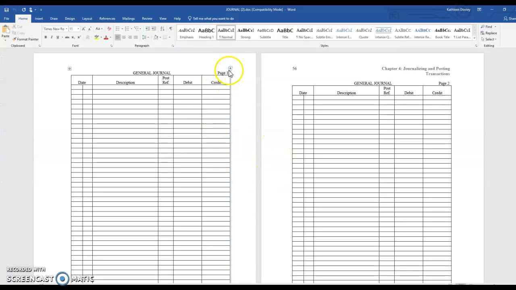So here's your journal. It told you to use page 16 for the journal. We're going to record the date. That's July the 1st. Our debits come first. So that's rent expense, and that was $2,500.